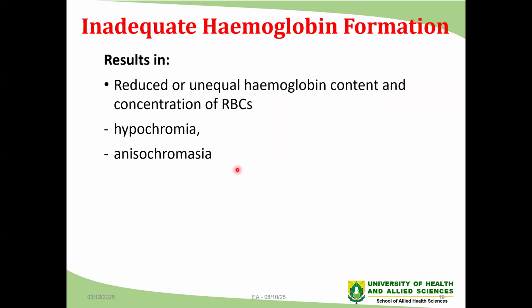In this case, some red cells may look hypochromic, others may look either hyperchromic, and so on and so forth. So you are having variation in the hemoglobinization of the red cell.